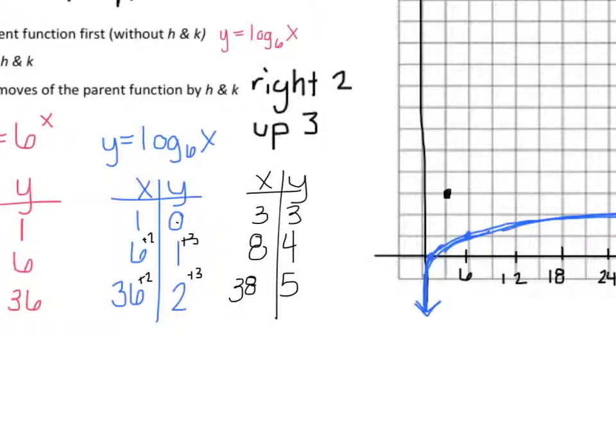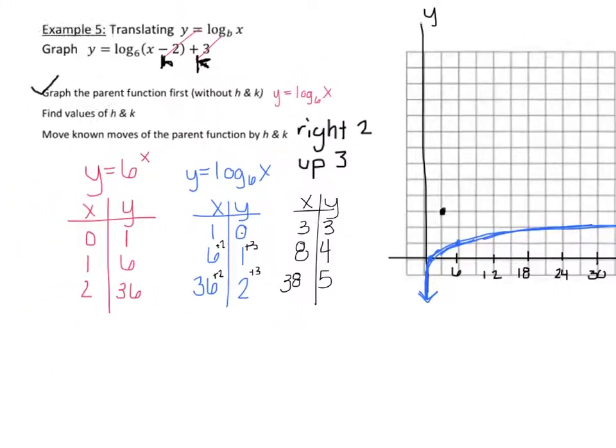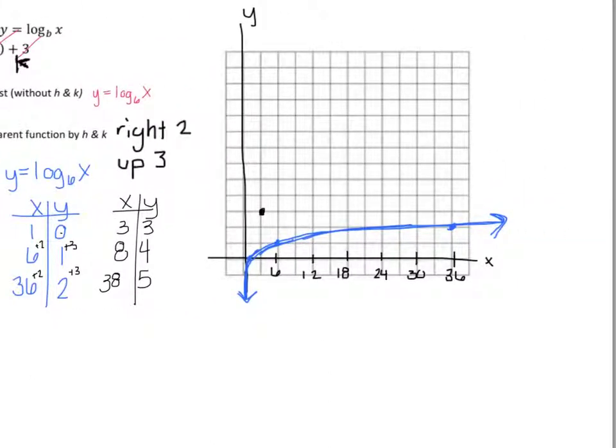Or you can just do it on the graph. So my next point, go right 2, up 3, so that's that 8, 4 right there. And then 38, 5, right 2, up 3.